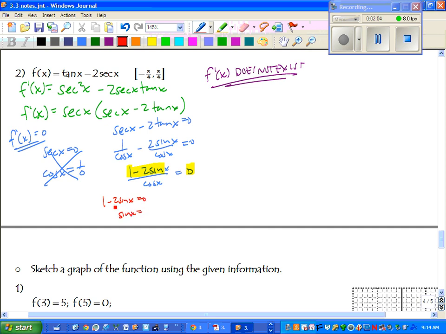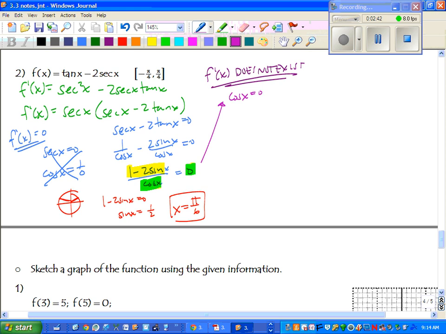So sine of x, if we subtract 1 and divide by negative 2, we get 1/2. We want to find out where the sine is equal to 1/2. Well, that would happen at pi over 6 and 5 pi over 6, but we're only going from negative pi over 4 to pi over 4, so our only solution in that interval is pi over 6. Now if we take the denominator and set it equal to 0, that's actually going to make the derivative not exist.